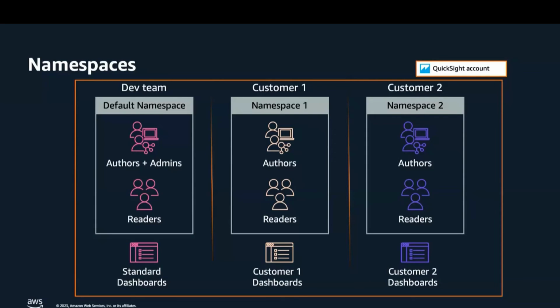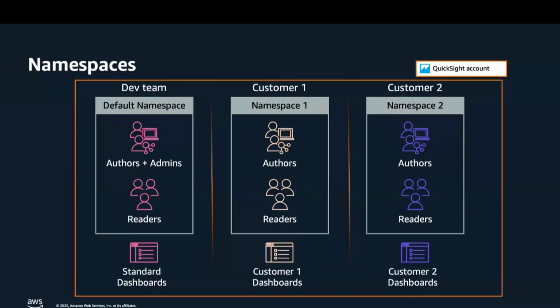By default, when you are working within a QuickSight account, you are doing so in what's known as a default namespace. However, if you have authenticated your QuickSight account using either IAM federated identities or IAM federated identities and QuickSight managed users, you do have the option to set up additional custom namespaces in your account.